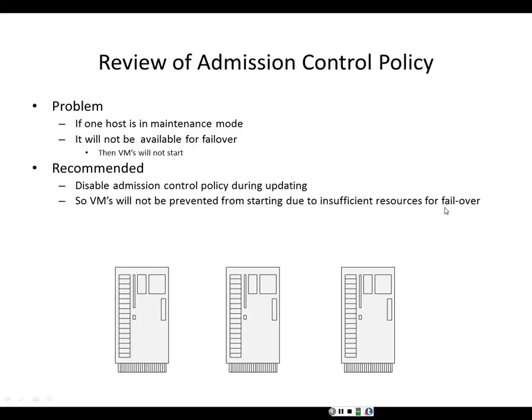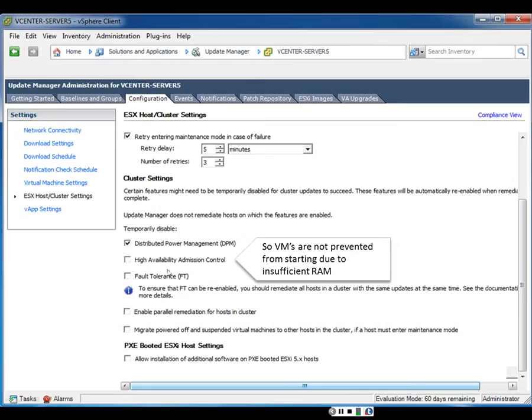And why would there be insufficient resources? Because we have taken this ESXi host offline for purposes of maintenance. So typically we would click the checkbox to disable high availability admission control so virtual machines are not prevented from starting due to insufficient RAM.